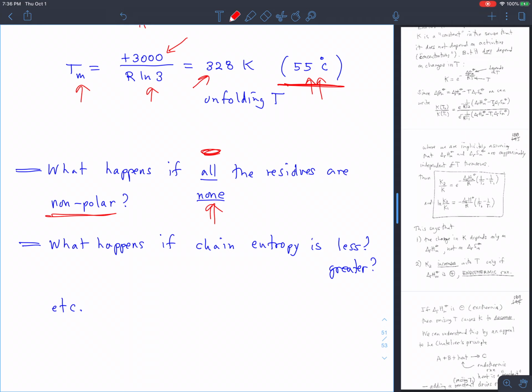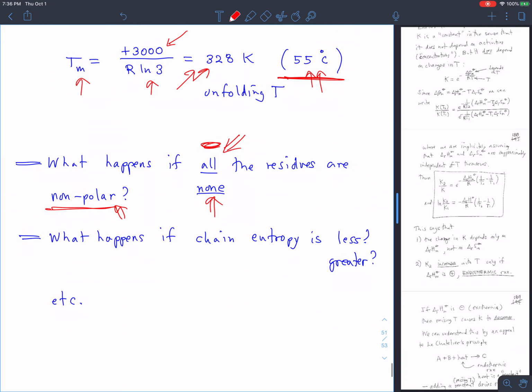You can see that if all of them are polar, the protein isn't going to fold. There isn't going to be any driving force for folding. On the other hand, if none of them are polar, they're all nonpolar, then it's going to fold pretty hard, and then it might be hard to melt. We can investigate those questions with the model.